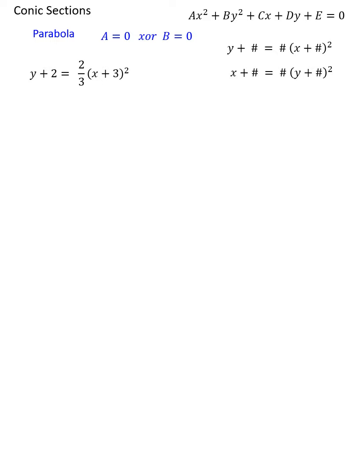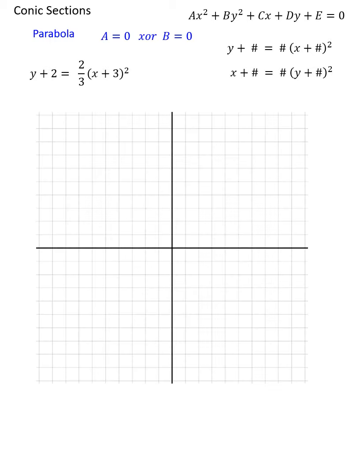First of all, you can see the example on the left is in this particular format here. And so let's take a look at what mathematicians have discovered about the graphs of equations that are in this format.